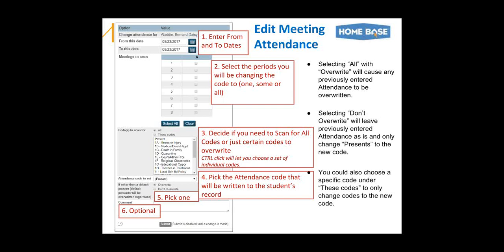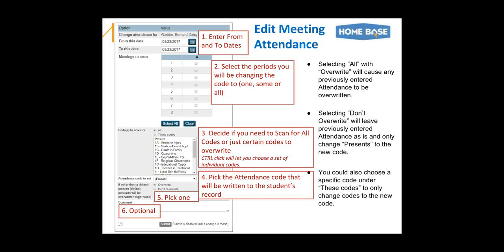The next panel down below is deciding if you want to scan for all different codes or just certain codes that you want to overwrite. So what does that kind of mean in English? So if I'm looking at this student and I only want to change his code if he has, let's say, a present code in those particular periods, I can just choose the present attendance code.